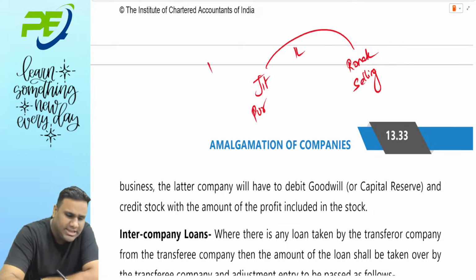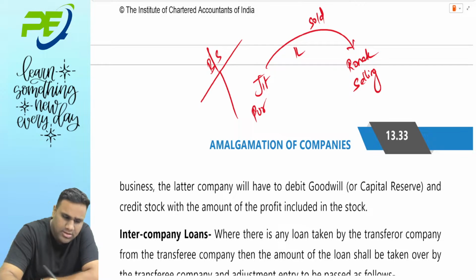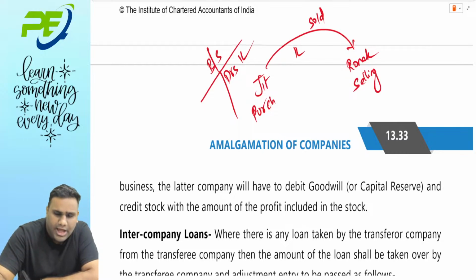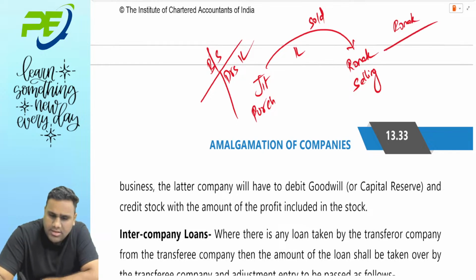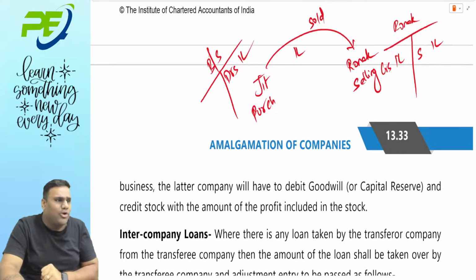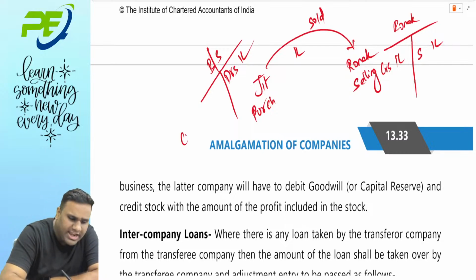Now in my balance sheet, there will be debtors of 1 lakh. In Ronak's balance sheet, there will be creditors of 1 lakh. But not only this, Ronak will also have stock of 1 lakh. Now, as soon as I acquire Ronak, I'll acquire his creditors of 1 lakh and I'll acquire the stock of 1 lakh.